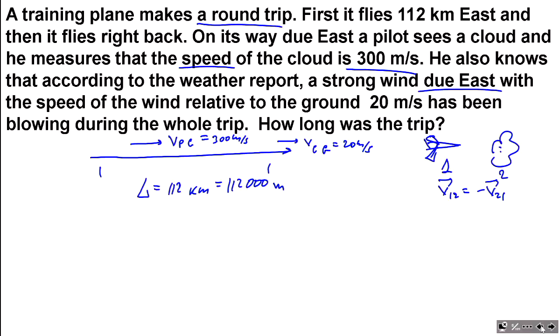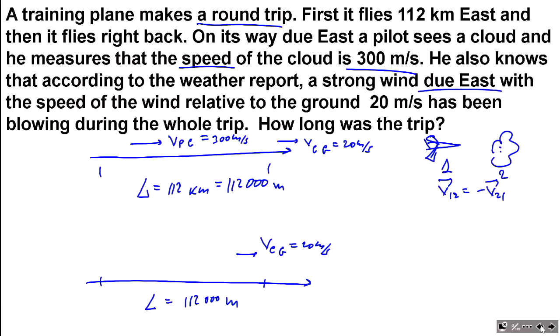And, well, let's draw a picture. It's a round trip, so it travels back exactly the same distance, right? And nothing happens to the wind. It still blows east, so it doesn't change this. Cloud, ground.